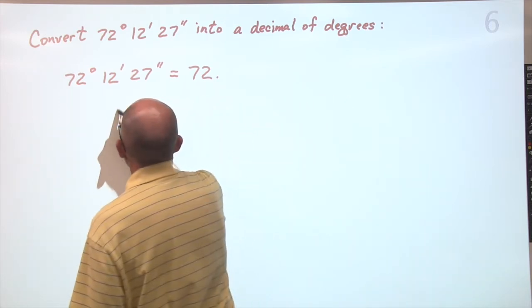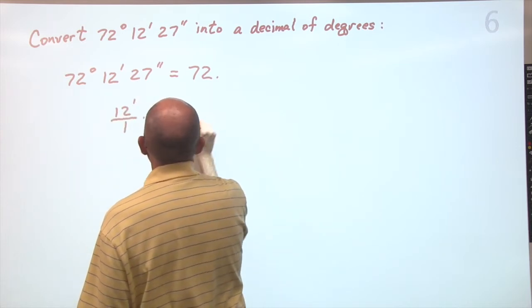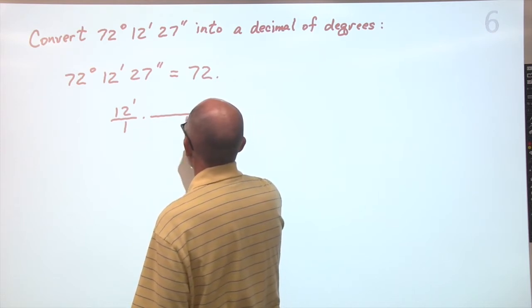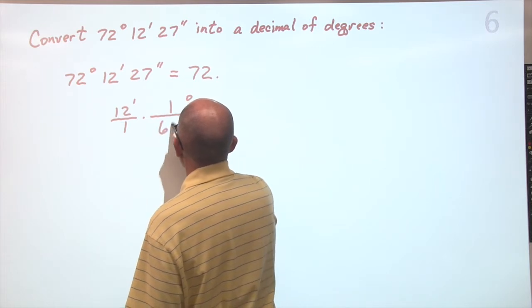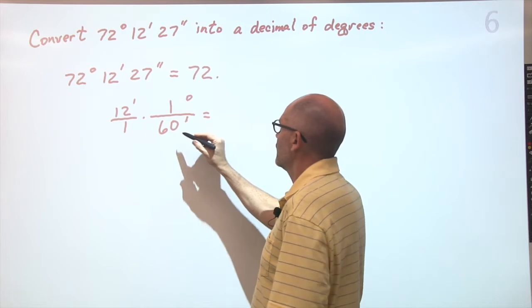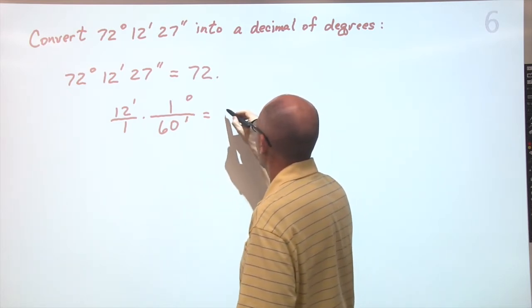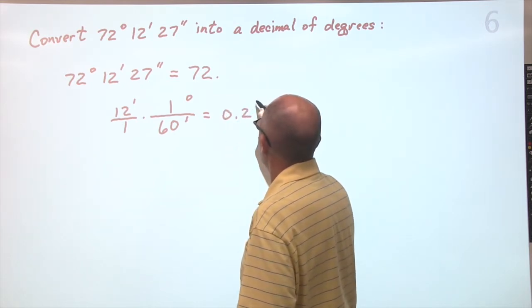So what I do is I go 12 minutes over 1 times. Now this time I'm trying to get rid of minutes and trying to turn it into degrees. And I know there's 1 degree in 60 minutes. So when I go 12 divided by 60, then I end up with 1/5 or 0.2 degrees.